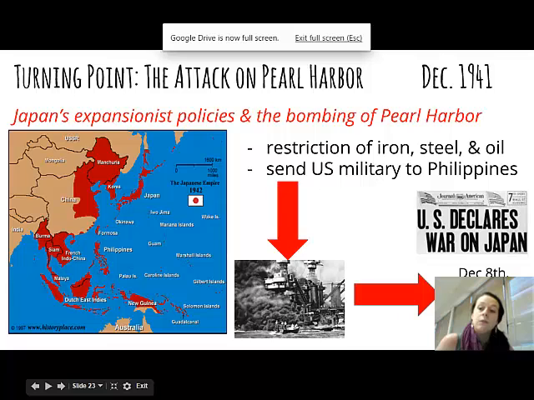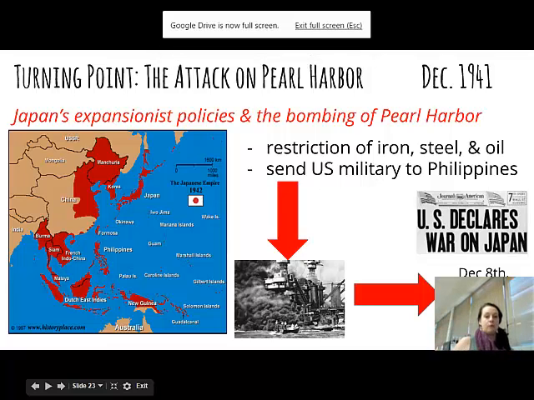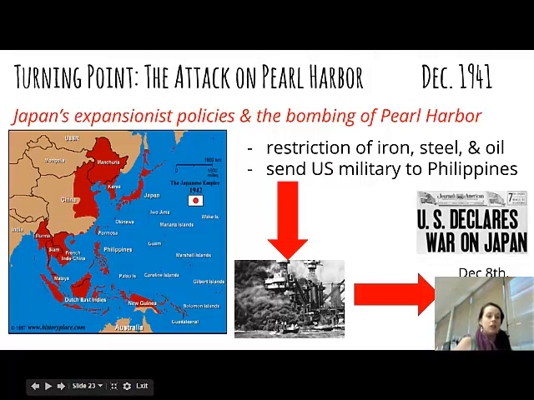Okay, so what is the big turning point? We've got the government slowly transitioning to becoming more and more involved in the war. And the turning point that actually forces the United States to move and declare war is the attack on Pearl Harbor. But the attack on Pearl Harbor actually is provoked by something.